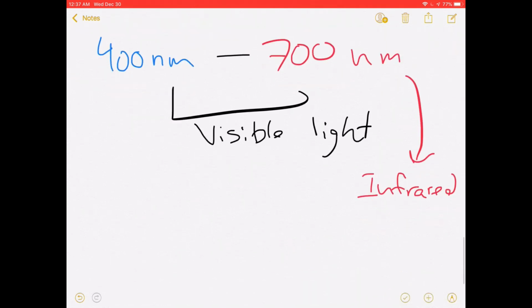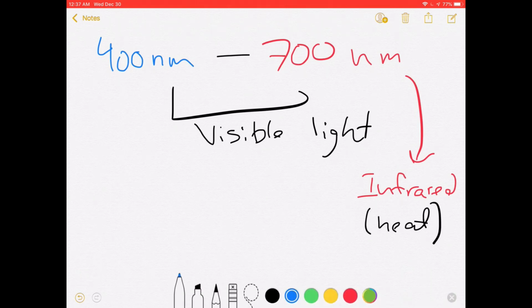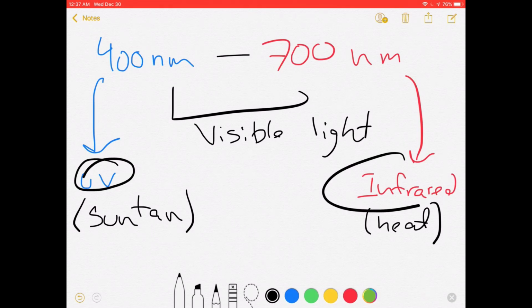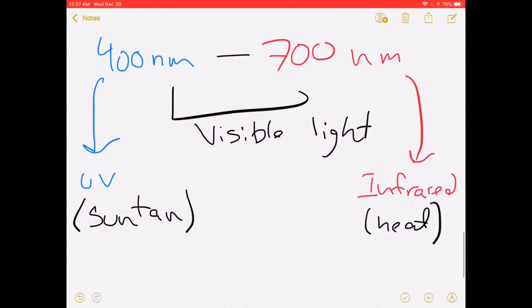Infrared waves are usually felt by us through heat, and just below the 400 nanometer region is the ultraviolet or UV region. The UV region is probably most experienced when you're getting a suntan because the sun emits UV rays. Now, we can't see either the UV region or the infrared region, but we can definitely feel and sometimes see their presence if we get a sunburn.